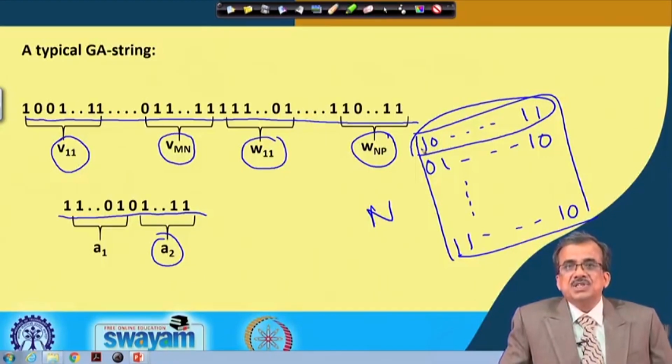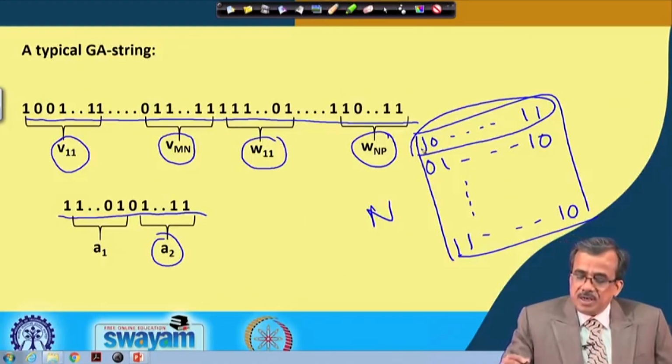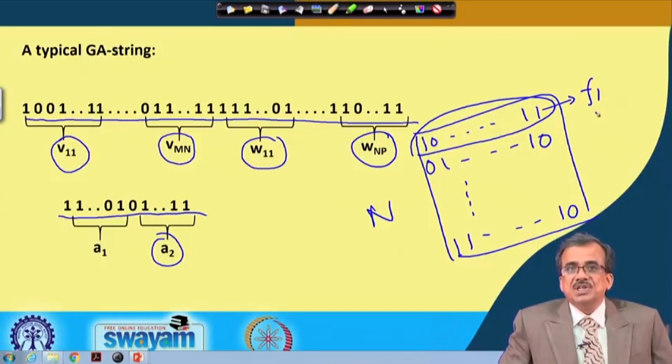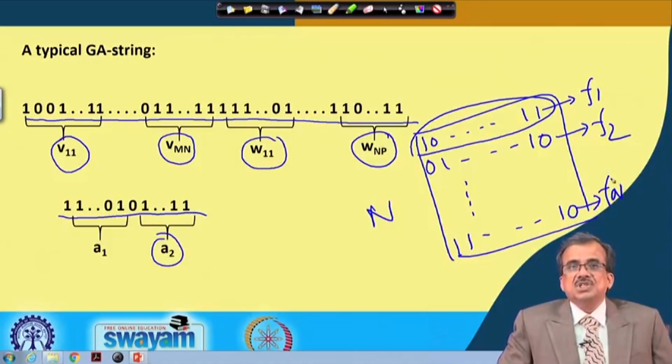Then, as we discussed the principle of genetic algorithm in short, we will have to find out what should be the fitness for this particular GA string, and the fitness for the nth GA string.